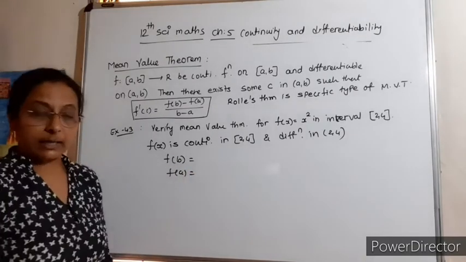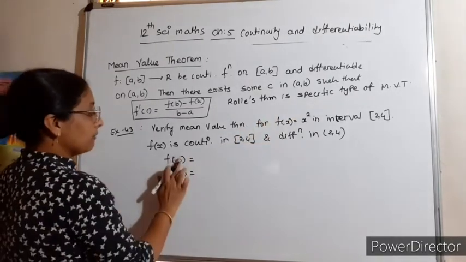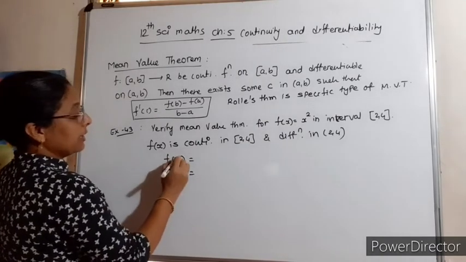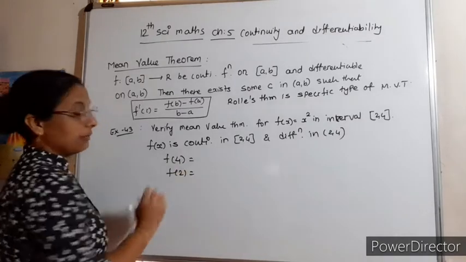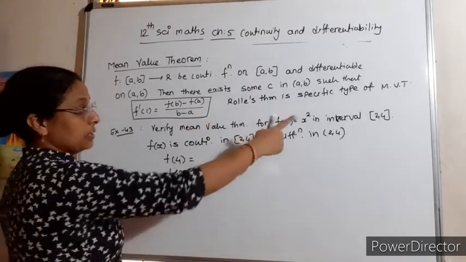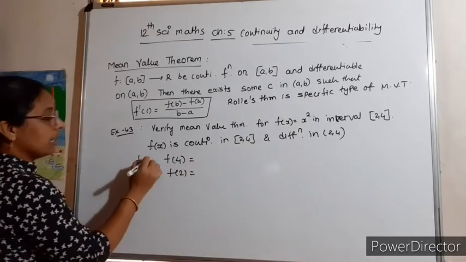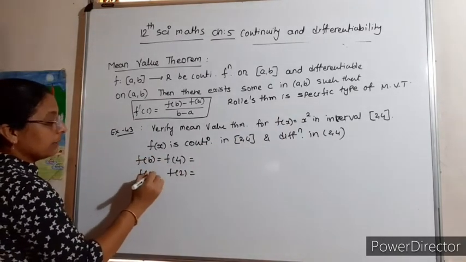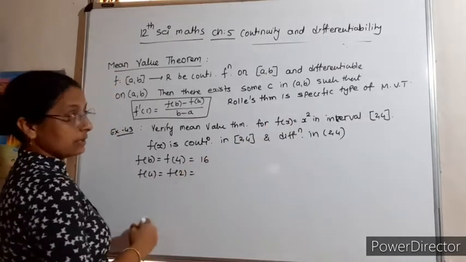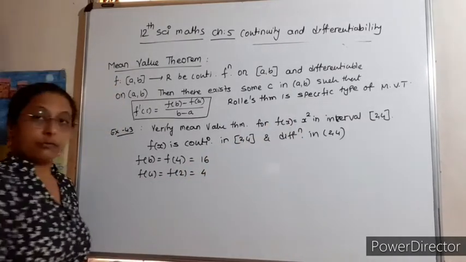अब हम find करेंगे. So f of b, that is f of 4, and f of a, that is f of 2. 4 square is 16, 2 square is 4.